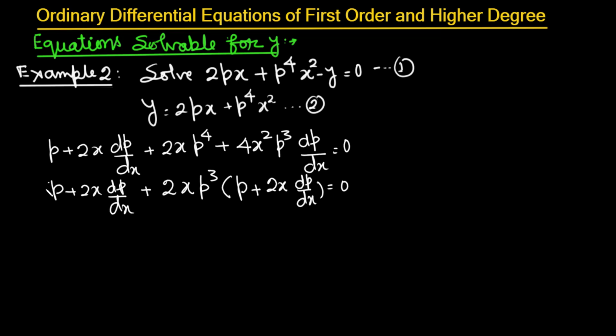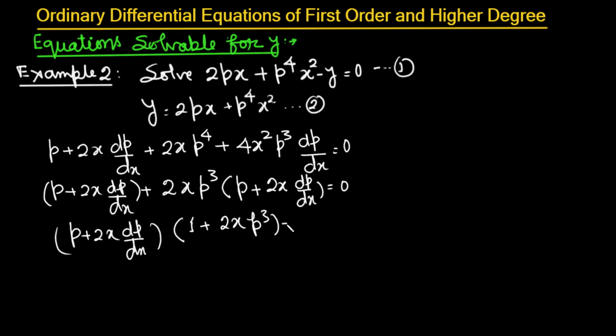And we also have the first two terms as p plus 2x dp by dx. Now, out of these two terms, we can take out p plus 2x dp over dx as common. And the other factor is 1 plus 2x p cube, and this is equal to 0.